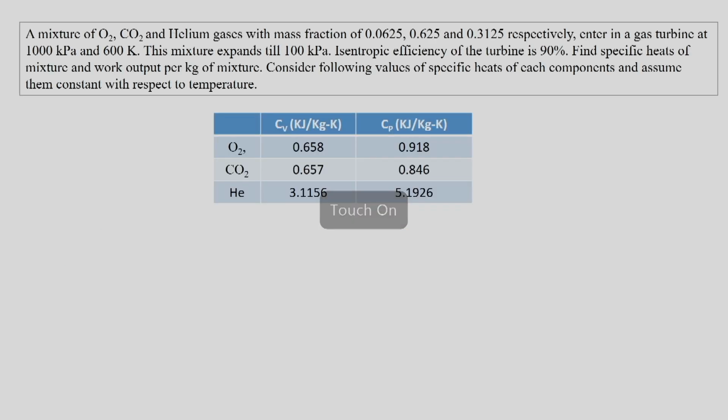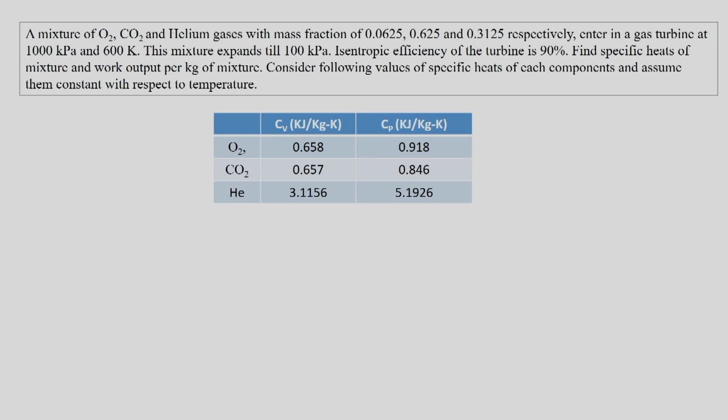So let us solve the other example, which says that a mixture of O2, CO2 and helium gases with mass fractions 0.0625, 0.625 and 0.3125, respectively, enter a gas turbine at 1000 kilopascal and 600 Kelvin.